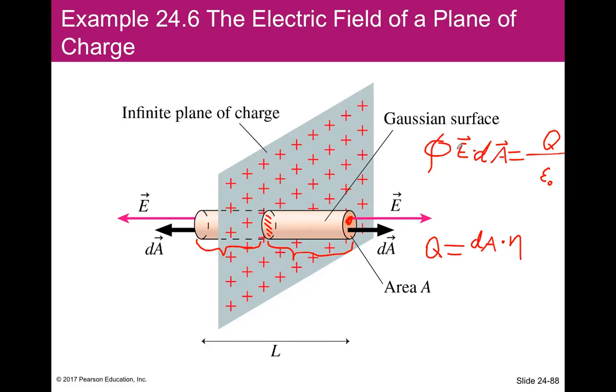On the cylinder, we can divide the surface into three pieces: the left end, the right end, and the curved side surface. First of all, do any field lines go in or out of the side surface?